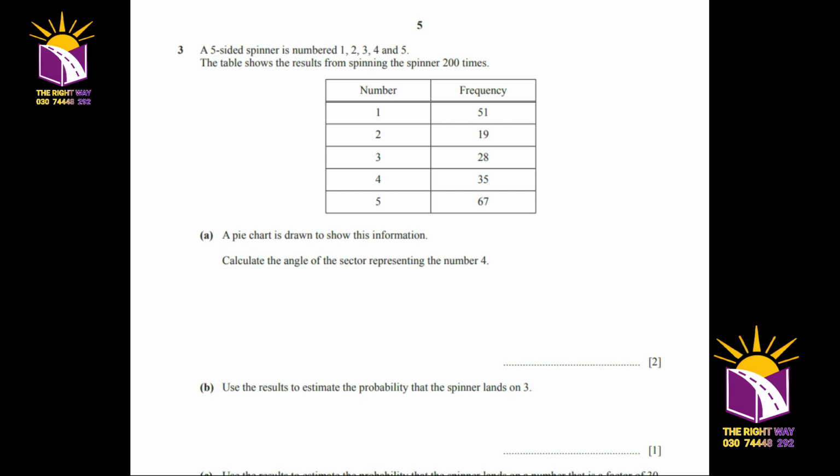So I know that my pie chart contains 360 degrees and how much angle is for this number 4. So it will be equal to its frequency 35 divided by total frequency which is 200, multiplied by 360, the total angle.